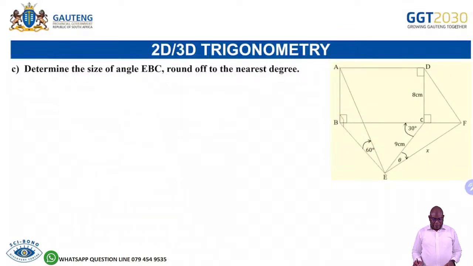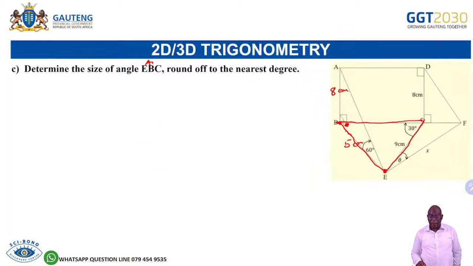Okay. C says determine the size of EBC. I already know that this one is 5, this one is 8 centimeters. Now they want us to look for angle EBC. I'm looking for this small angle here, angle EBC.